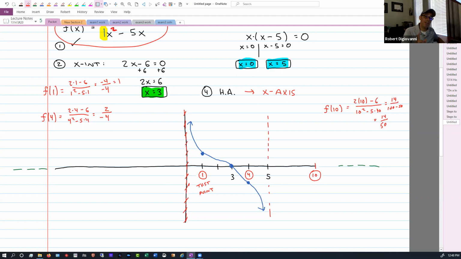And all that matters is that it's positive. And that means that you have a dot above the x-axis. And once you have that dot above, you know that on the left, it's going to have to turn up. And to the right, it's going to have to flatten out. We're almost done.